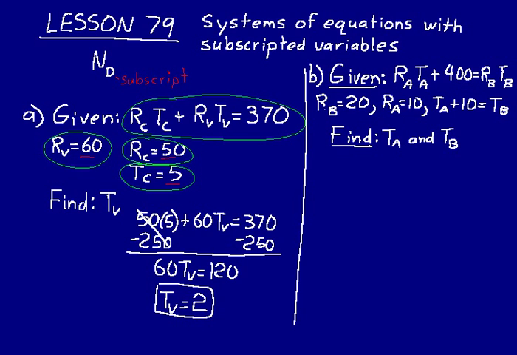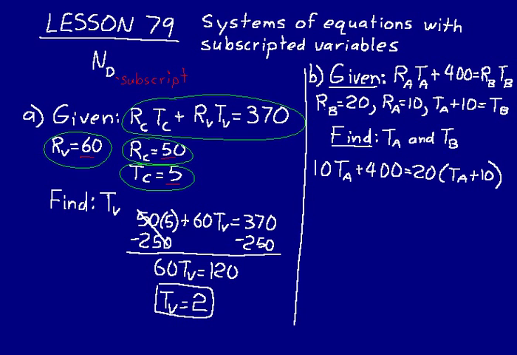So we have RA is 10, so we can say 10 times TA plus 400 is equal to RB, which is 20, times TB, which is equal to TA plus 10. So we say TA plus 10.